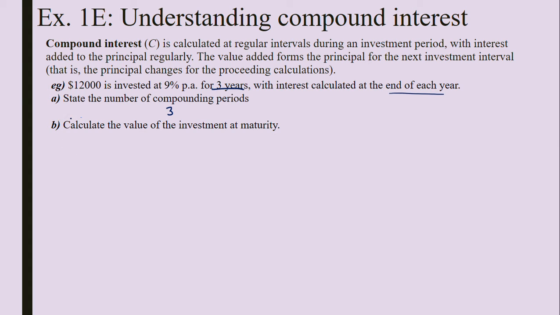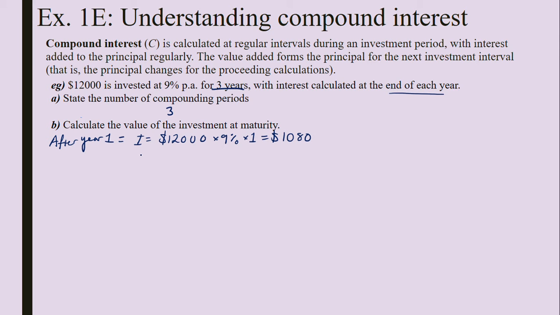So we begin with $12,000, that's your principal. After the first year, year 1, the interest, if we were looking at this as a simple interest formula, equals that $12,000 principal times that 9% per annum interest times 1 year, and that gives us $1,080.